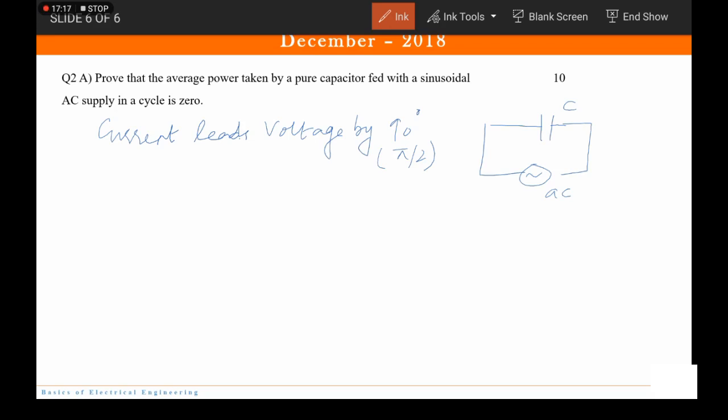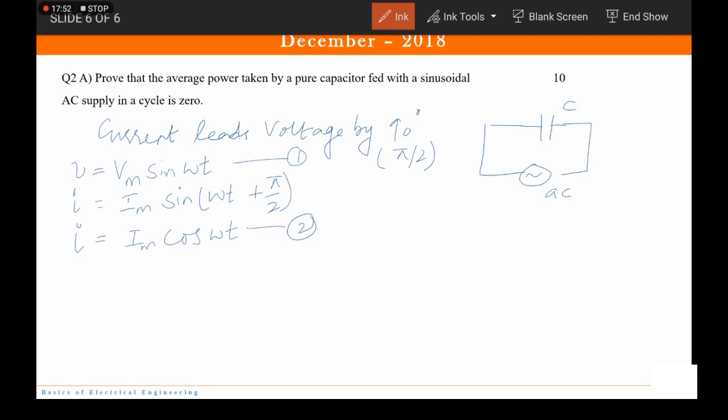So if I write the voltage equation, it will be Vm sine omega t. So what will be the current equation? The current equation will be Im sine omega t plus pi by 2, right? Because it is leading. Now what is sine 90 plus theta? It is cos theta. It means that current will be represented by Im cos omega t. So this is equation 1 and this is equation 2.